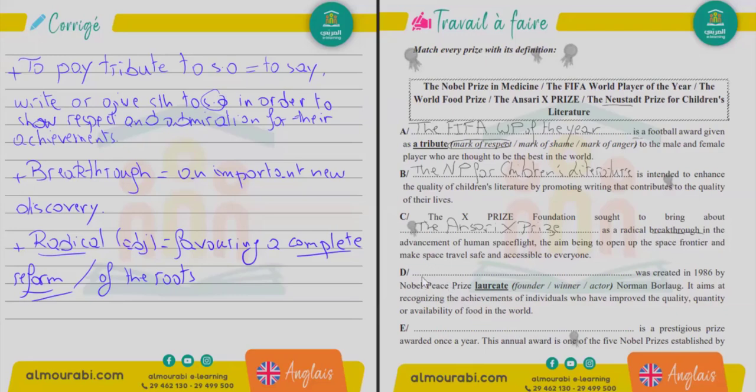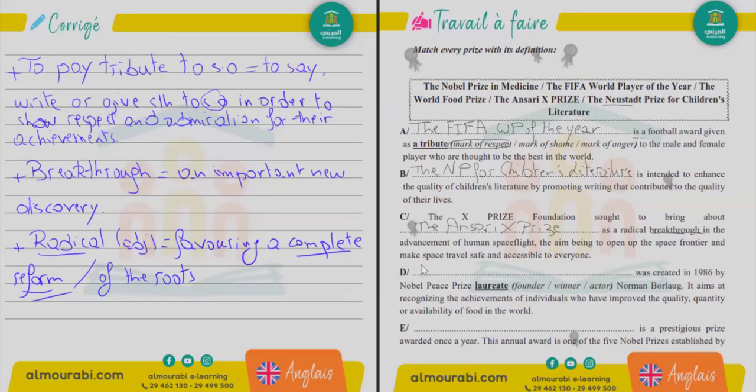Yes, please. World Food Prize was created in 1986 by Nobel Peace Prize laureate Norman Borlaug. It aims at recognizing the achievement of individuals who have improved the quality, quantity, or availability of food in the world.